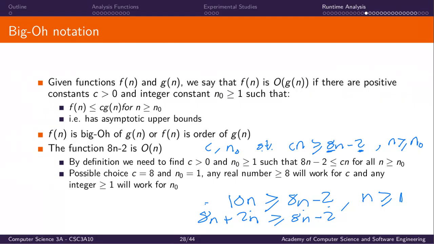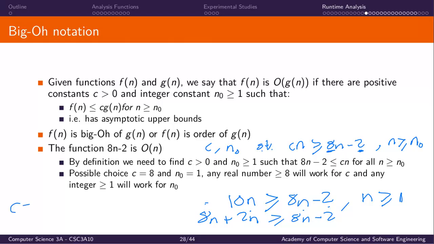And because we've taken our n0 to be 1, our values of n will always be greater than or equal to 1. So for example, if n was 1, I'd end up with positive 2 here, which is greater than negative 2. If n was equal to 2, I end up with 4, which is greater than negative 2. In fact, for any value of n greater than or equal to 1, my 2n is always greater than negative 2. So this sum, 8n plus 2n, is always greater than or equal to 8n minus 2.